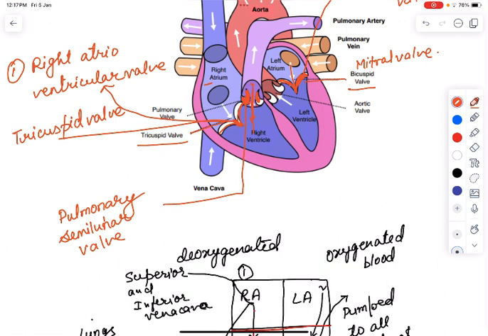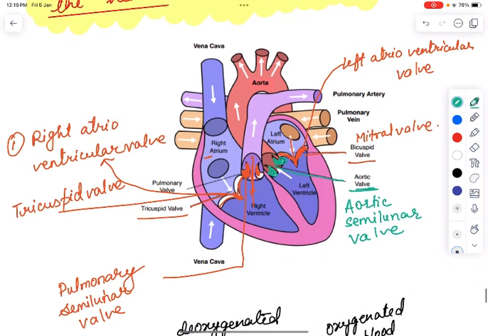This is aortic valve, located at the point of origin of aorta. This is aorta. It is present in the left ventricle, and there are also 3 in number, and it is also pocket shaped. So these are the valves.